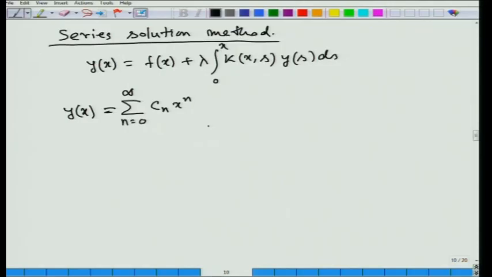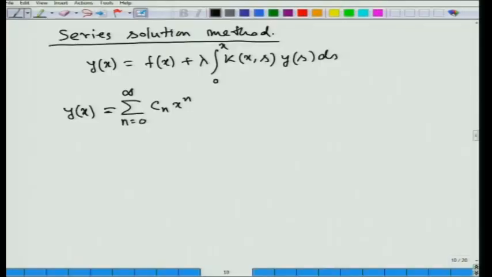So, that means if we are going to solve this equation by the series solution method, then we have to substitute this expression into the given equation. Then we can integrate k(x, s) multiplied by this series, which will be converted into term by term integration, and then using the Taylor series expansion of f(x) we have to solve for C0, C1, C2 and so on.